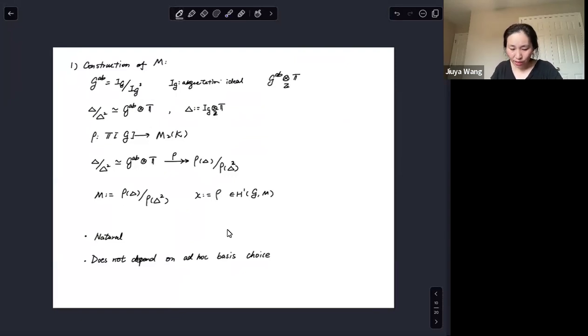So remember, if we assume both characters are trivial, then the Galois action on the module should be trivial, and kappa is just a homomorphism from the absolute Galois group to the module M. Since M is abelian, essentially this is just to look at the image of the abelianization of the absolute Galois group.